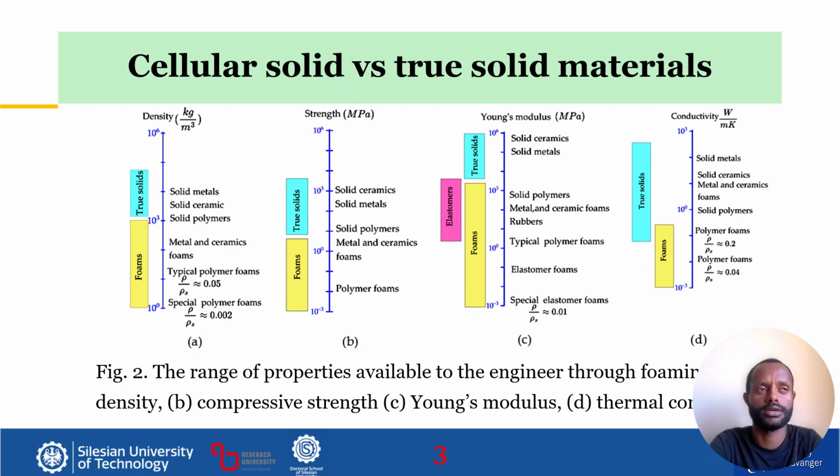So when we compare this solid structure with true solid materials, the criteria are density, strength, Young's modulus, and conductivity. The density is much lower than that of true solids, and this property makes it a very interesting material for lightweight applications.